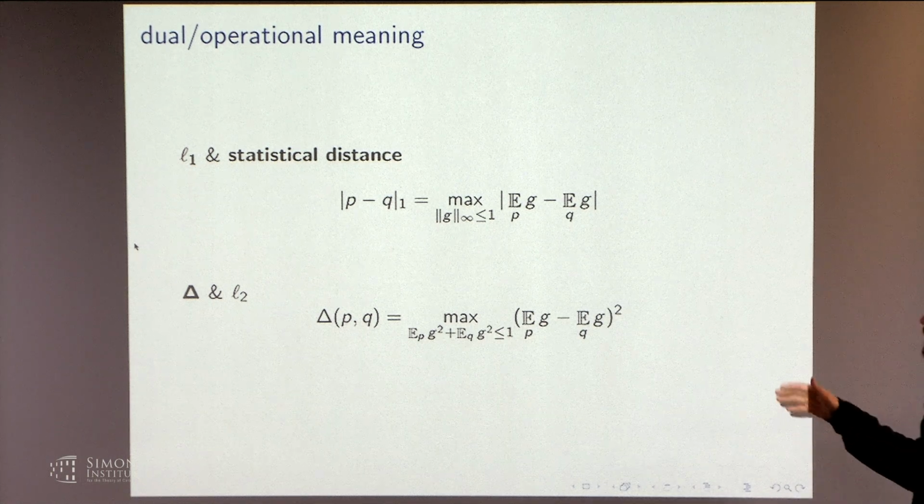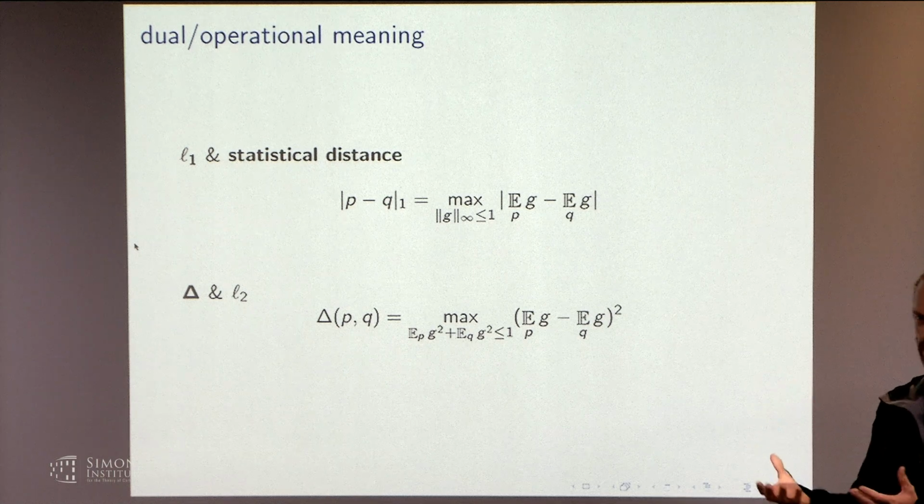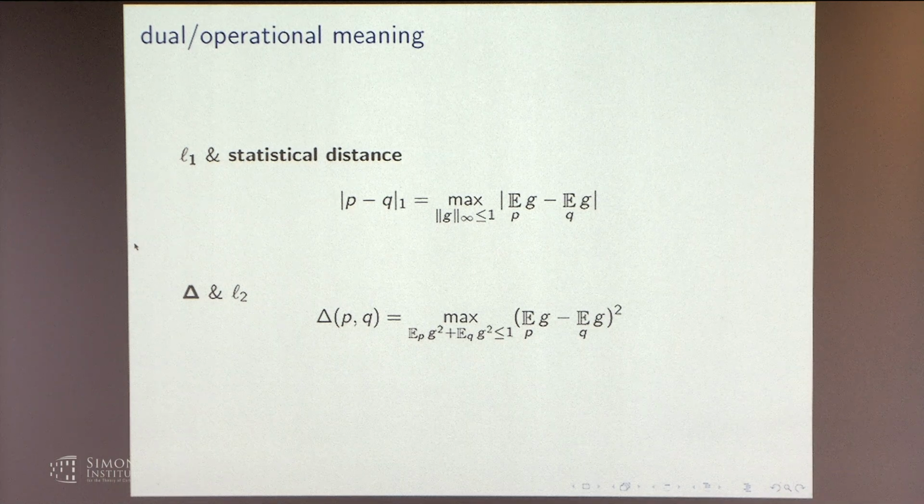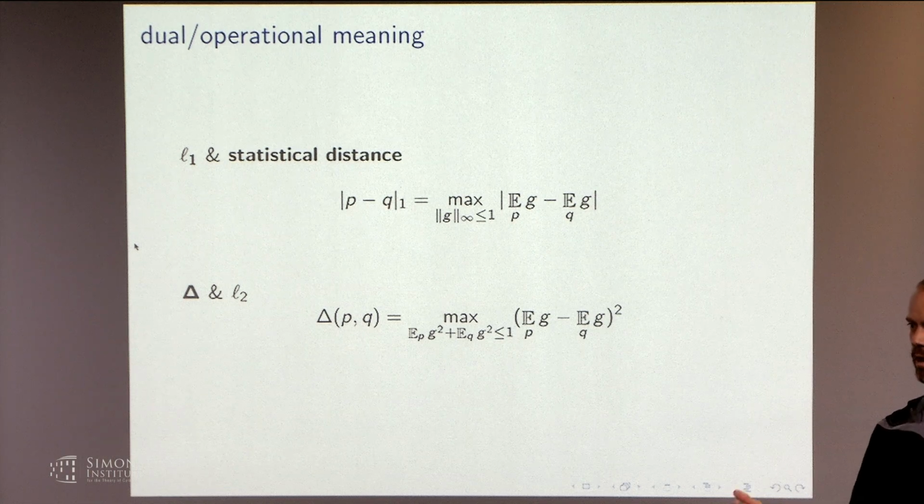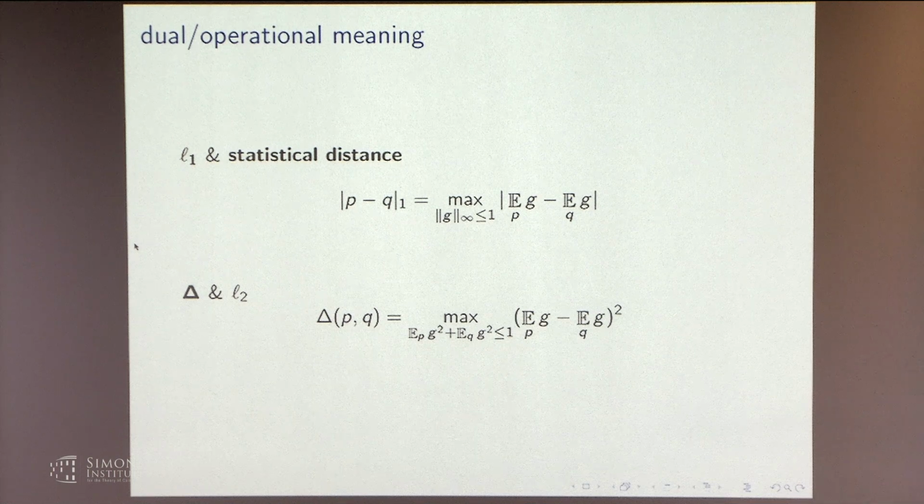But another important property of an object is to understand its operational meaning. What can we do with this? Specifically in this context, we are interested in statistics. What are the types of tests we are allowed to use to test our statistical hypothesis?